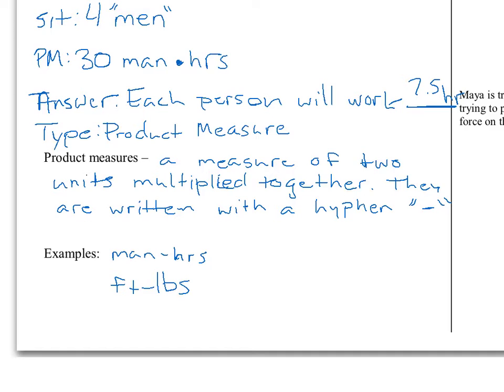You may see things like kilowatt hours, which is a measure of how much power or energy you're using, okay? There are some other things like Newton meters, which is very similar to foot pounds. Horsepower hours, also very similar to kilowatt hours.